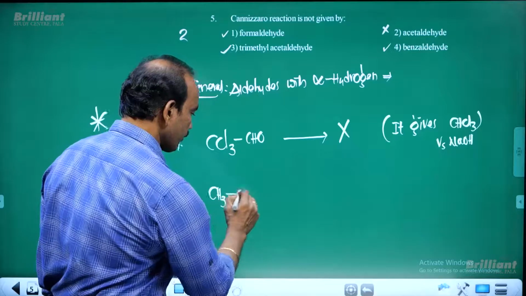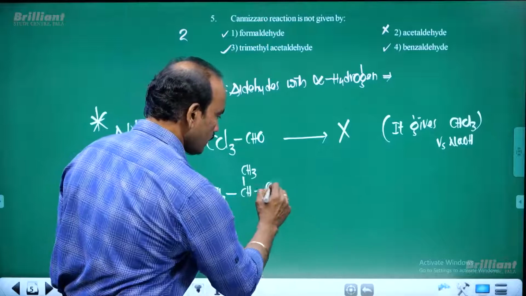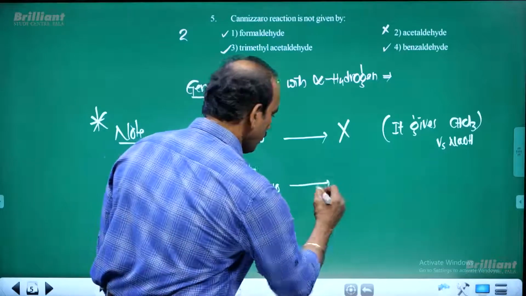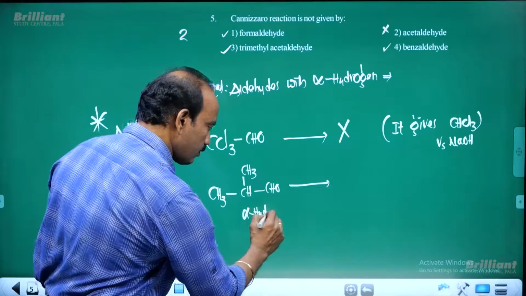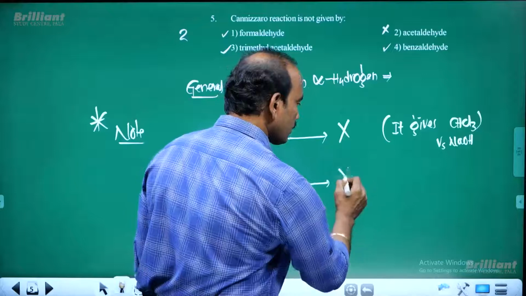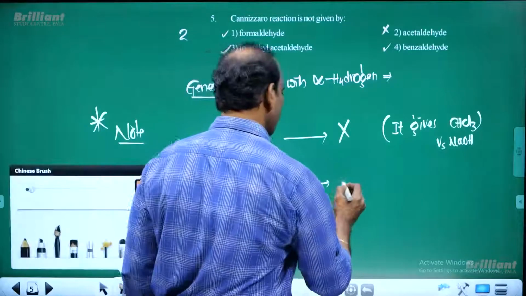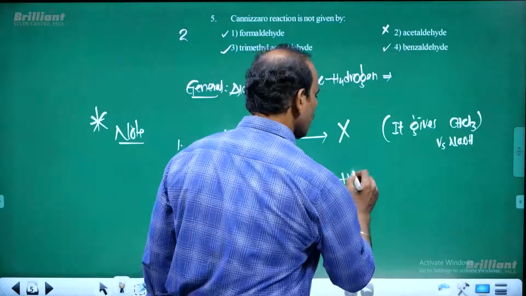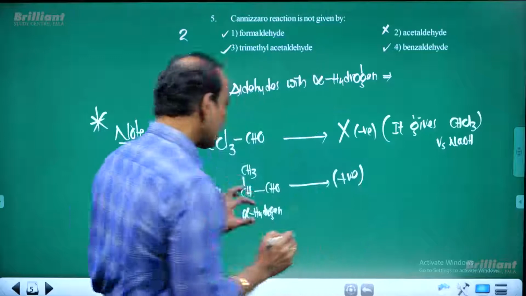Similarly, CH3 CHO. Here alpha hydrogen is available. This also gives the positive test. This one is a negative test because of steric hindrance.